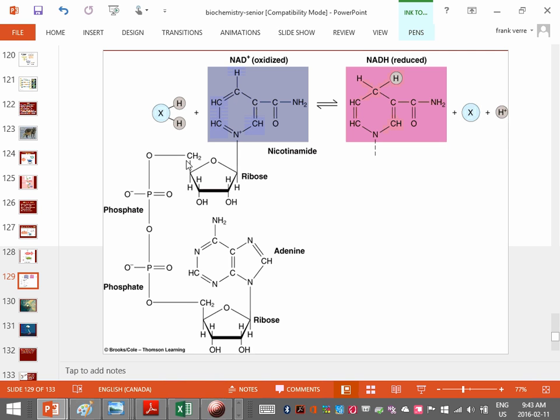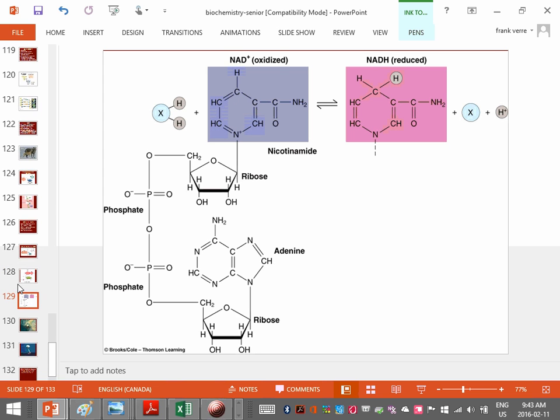The idea is that nucleic acids are used for three things, basically. We typically think of them as storing information, but they're also used in storing and generating energy and in communication.